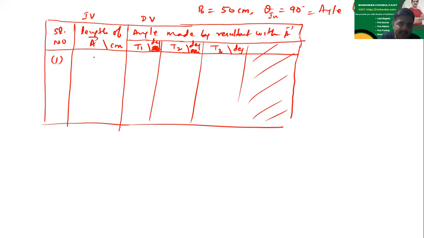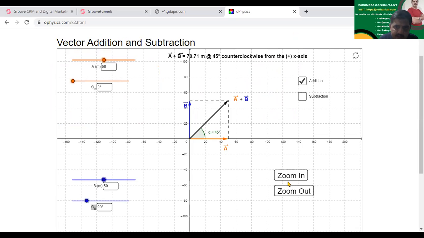So I am going to write this as 50 centimeter over here. And what is the angle made by the resultant? If you look at this, what was the answer I got over there? See, the angle made by the resultant is 45 degrees over here, right? Let us take that value and write it down.